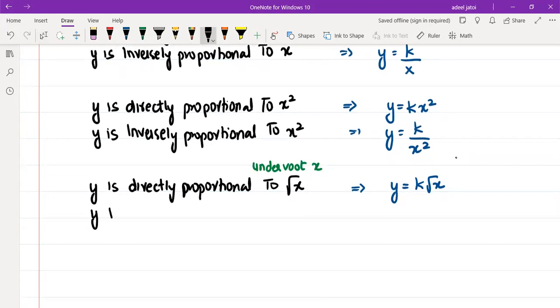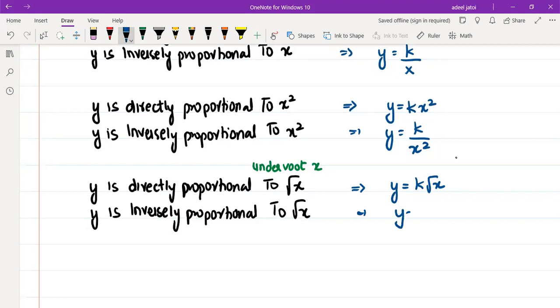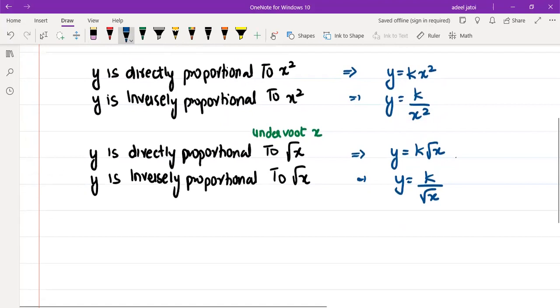Similarly, y is inversely proportional to under root x. Same thing, it can be shown as under root x, or it can be given in this statement. So we can write it down as y is equal to k upon under root x.